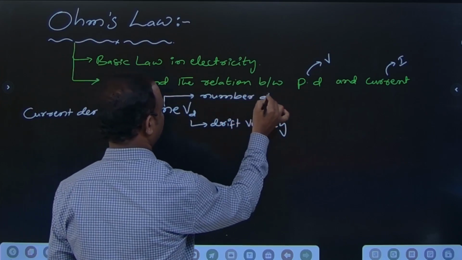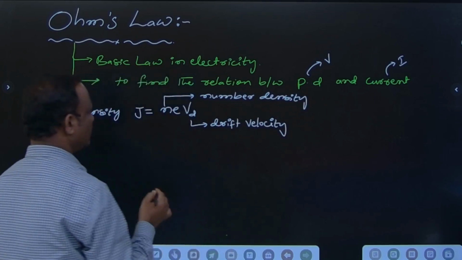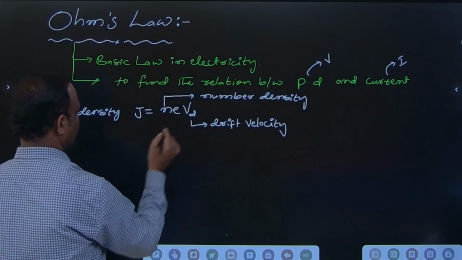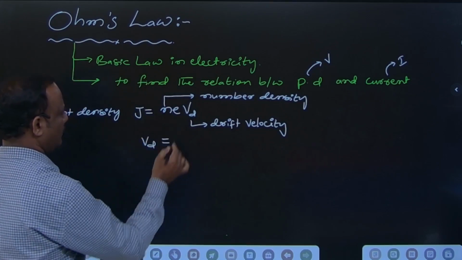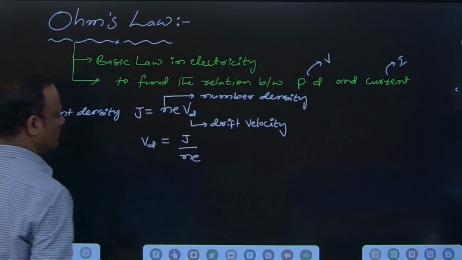Now J is equal to nevd. So first from this, vd is equal to J by ne.